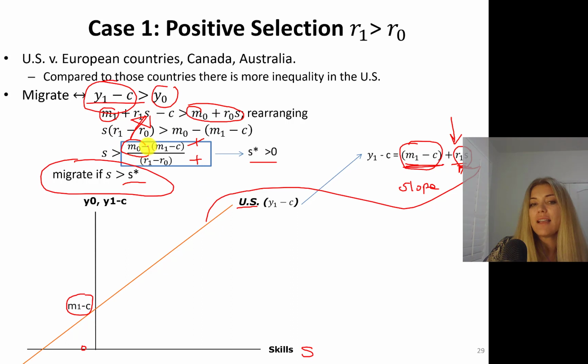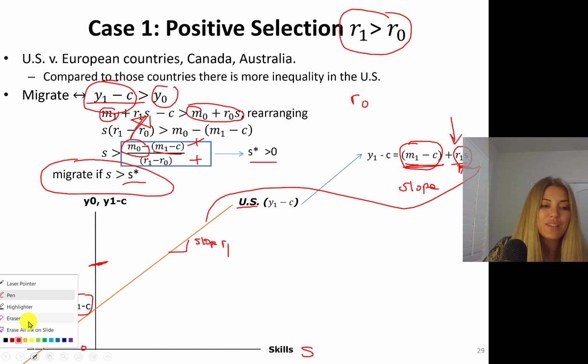We said that M0 is greater than M1 minus C, so it's going to be somewhere up here. I don't know exactly where. What about the slope, R0? I am told the slope is smaller than R1, so I'm going to draw something flatter that starts somewhere here.